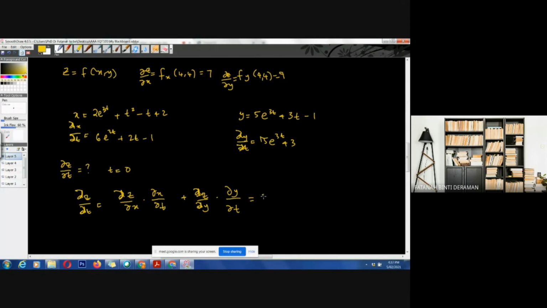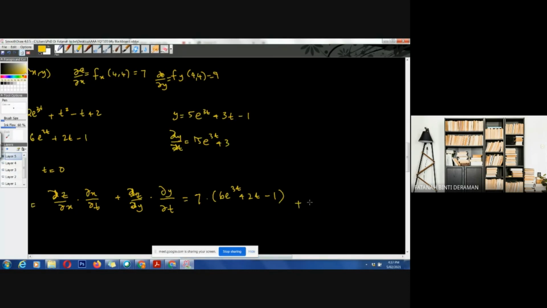Okay, substitute first. So it's 7 times dx/dt, 6e^(3t) + 2t - 1, plus 9 times dy/dt, 15e^(3t) + 3.